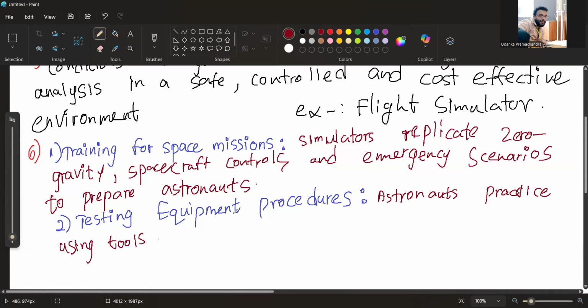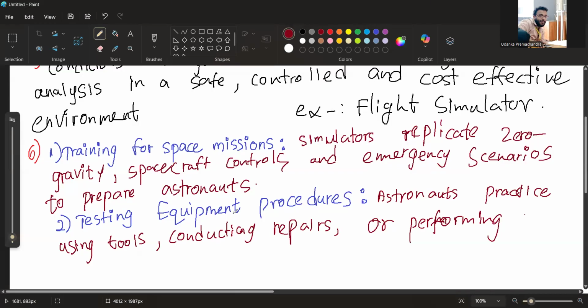Here is the model answer. You can write any answers like this. It can be conducting repairs or performing experiments. Like that can be testing equipment procedures. It's training for the space mission, testing equipment procedures. Like that you can write the answers.